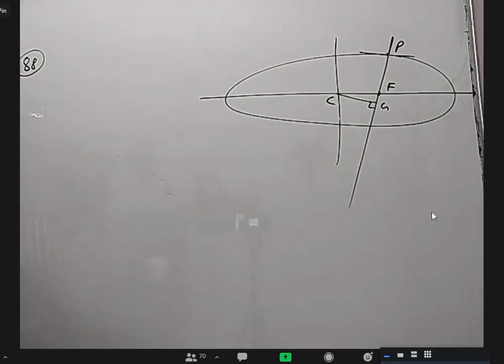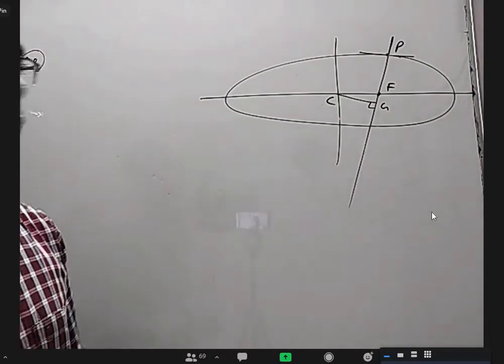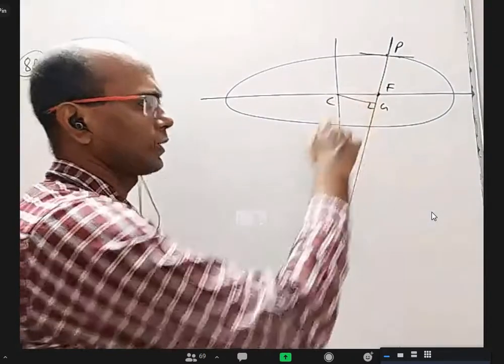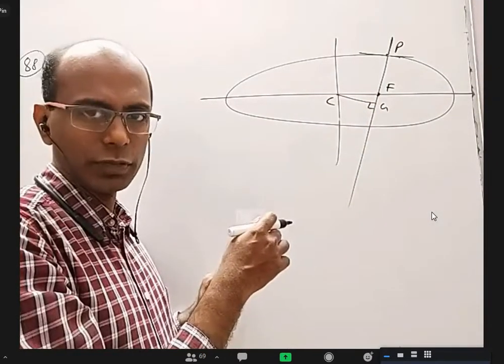We'll try to discuss two methods, but we have to really find PF length and PZ length. Excuse me, sir. Yes, please. Sir, aren't the positions of G and F the inverse? Like G is the point where it meets, F is the perpendicular. I interchanged G and F by mistake in the figure, you are saying?